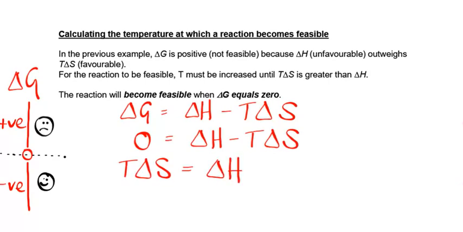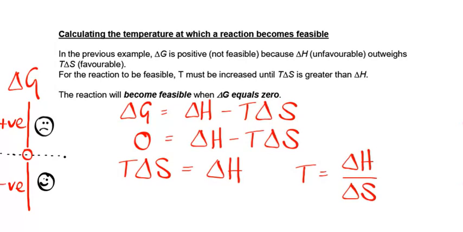So T delta S is going to be equal to delta H for delta G to be 0, and then the temperature will be the enthalpy change divided by the entropy change.